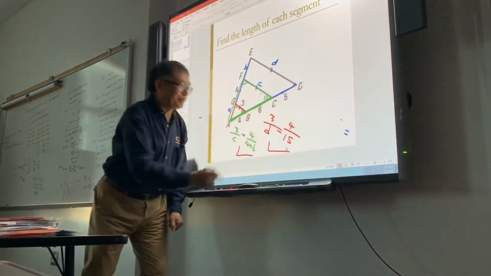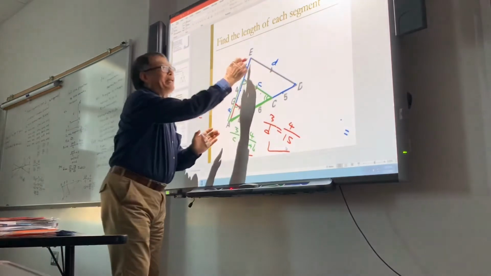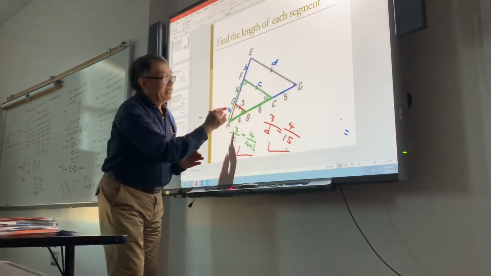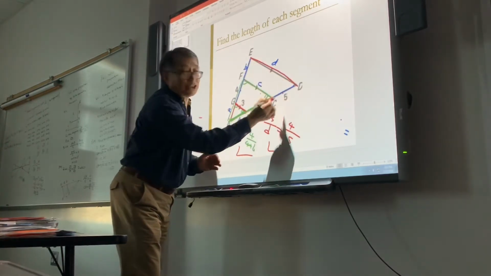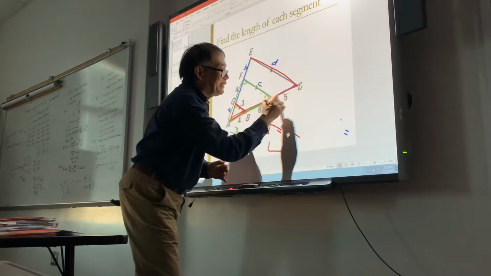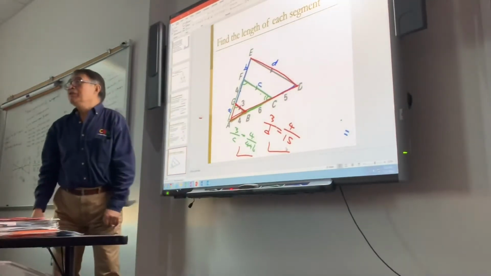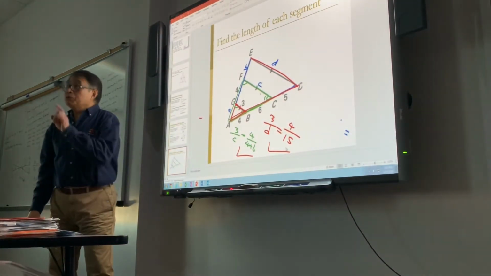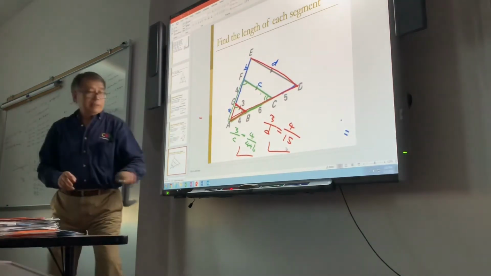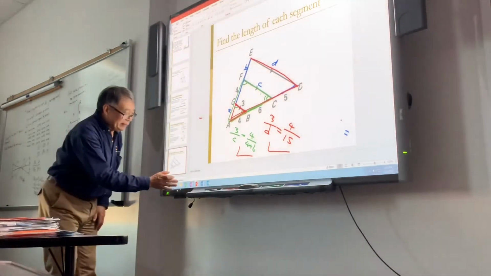Perfect. The biggest triangle and the small triangle are similar. 3 over D equals 4 over 4 plus 5 plus 6, which is 15. So 4 over 15. If you really understand me, you cannot make a mistake. If you don't understand me, you need to understand, okay?